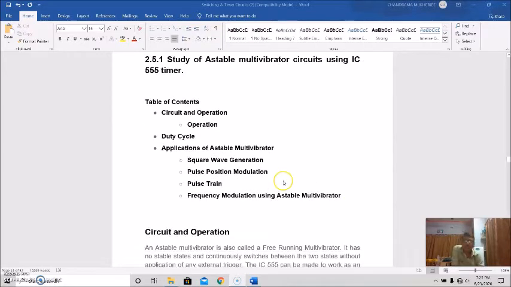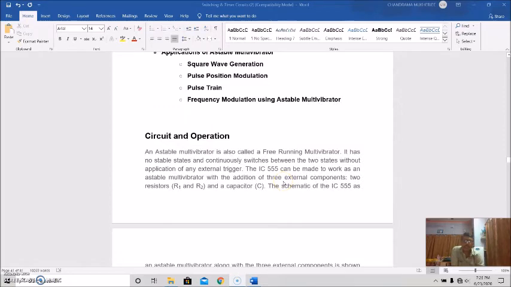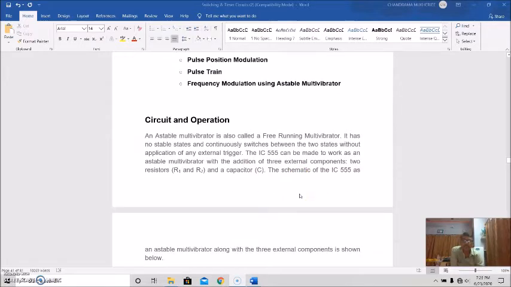So let us start with the circuit and operation. If we recollect our last class, it will be easier for us to understand. An astable multivibrator is also called a free running multivibrator. We have already discussed why, when we talked about the astable multivibrator using an op-amp circuit.